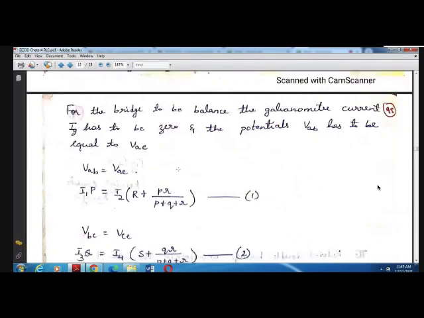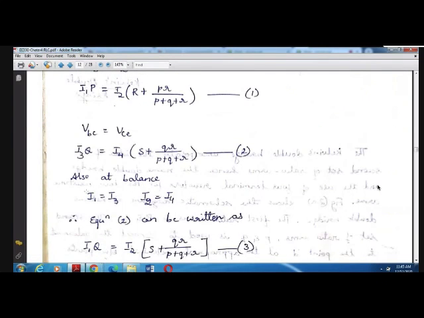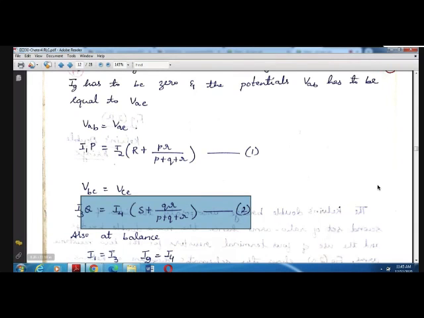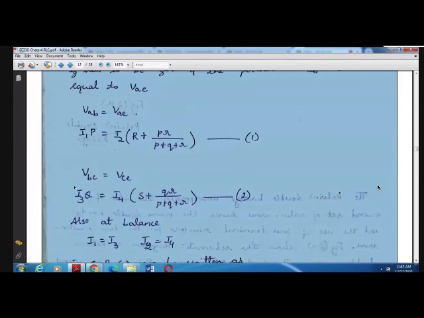So here, at balance condition, I1 is equal to I3 and I2 is equal to I4. So in equation 2, in the place of I3 you can replace I1, and in the place of I4 you can replace I2.